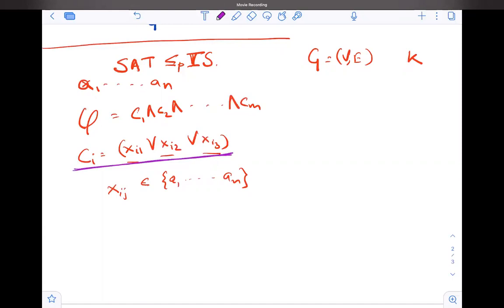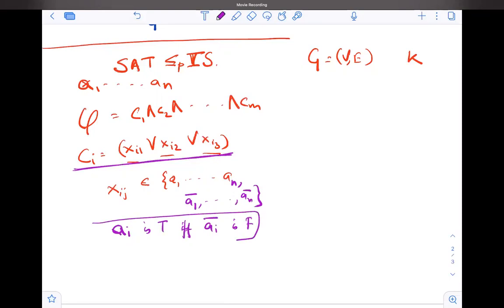Also, an important thing that's already there for us: the literals are A1 to An and A1 complement to An complement. If A1 is true, then A1 complement is false. You cannot have both of them true, right?